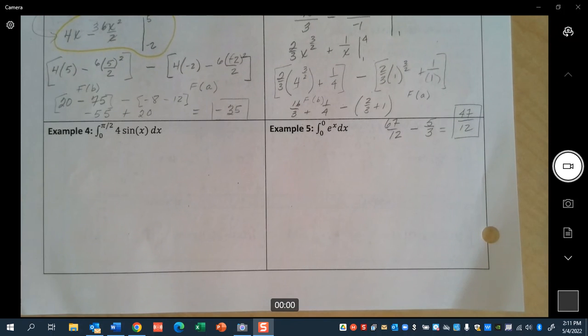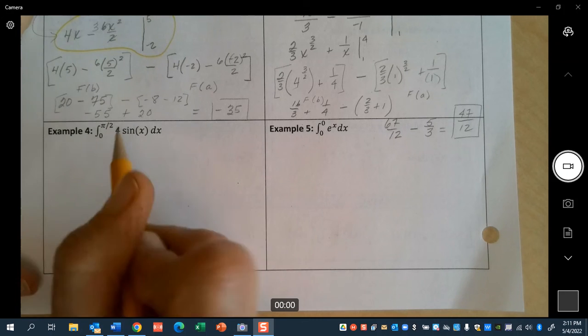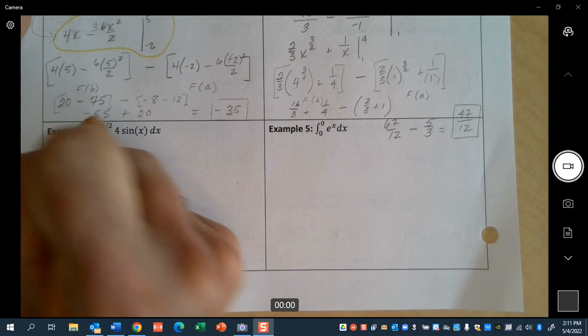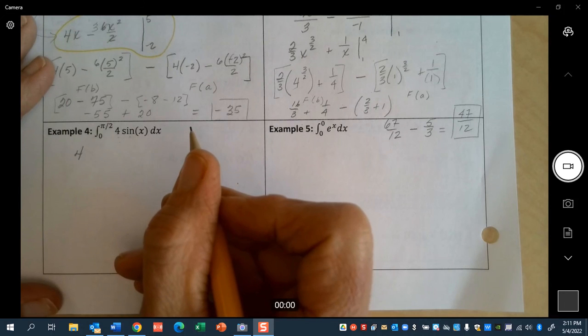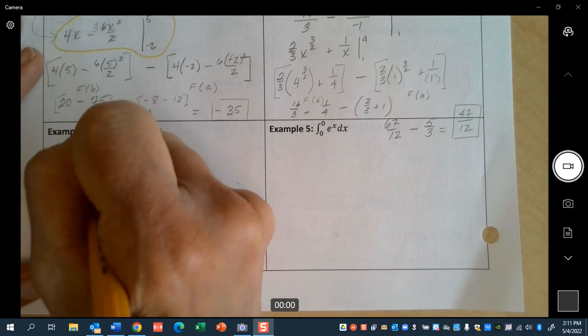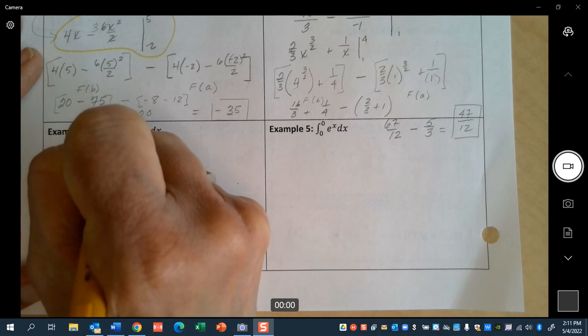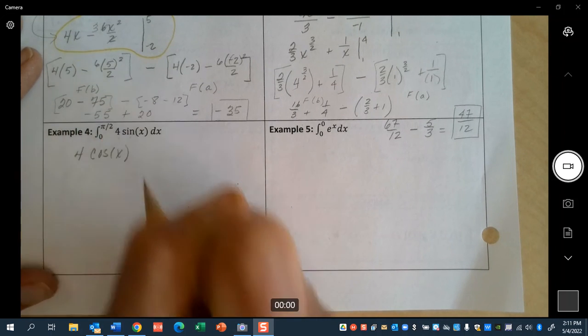And don't forget our trig functions. How could you? Constant stays out there. What's the integral of sine? It's cosine. So it's going to be 4 times. Isn't it negative?